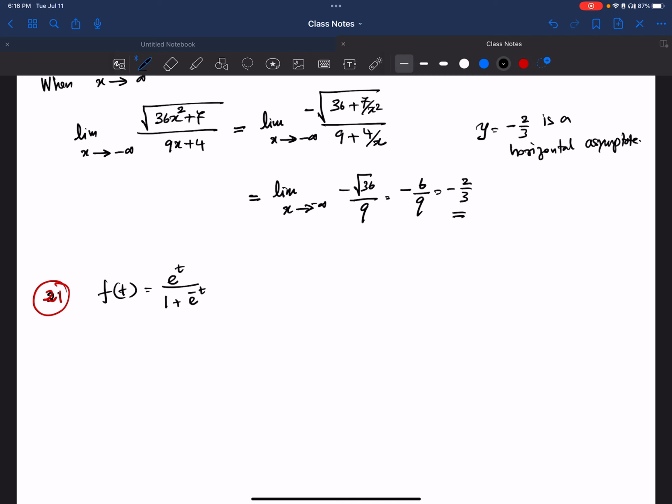Now we need to find what are the horizontal asymptotes.